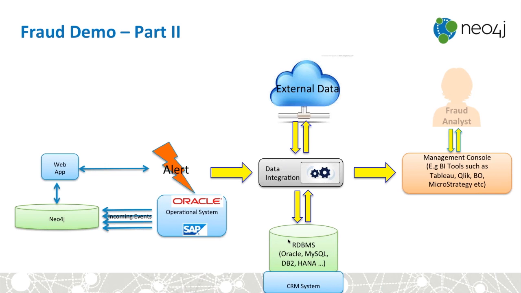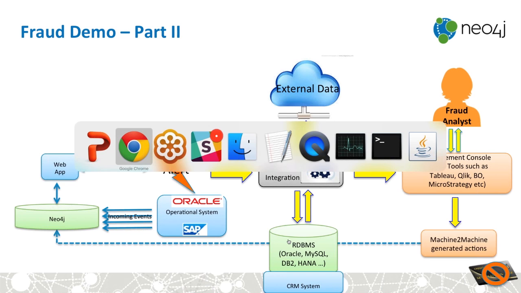The extended data will then be provided to a management console, which could be built on top of BI tools. A fraud analyst can take manual actions, or even machine-generated actions could be triggered, such as canceling the transaction or even canceling the credit card.